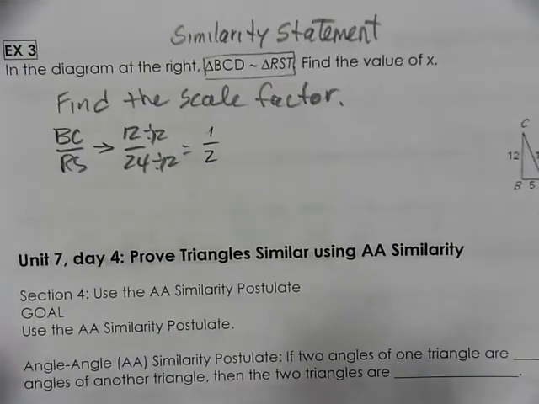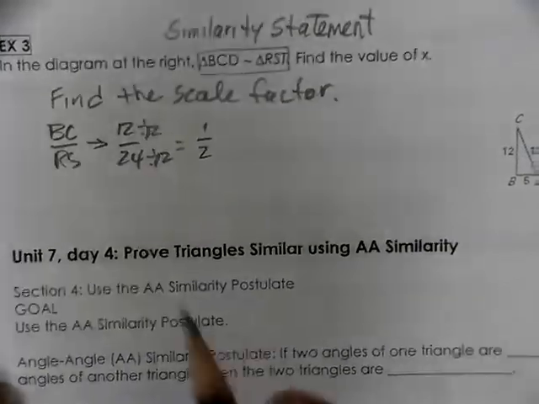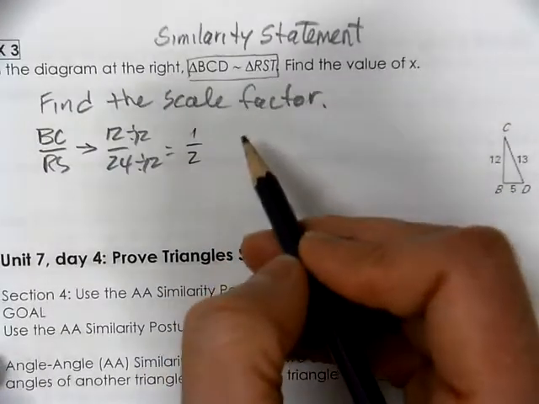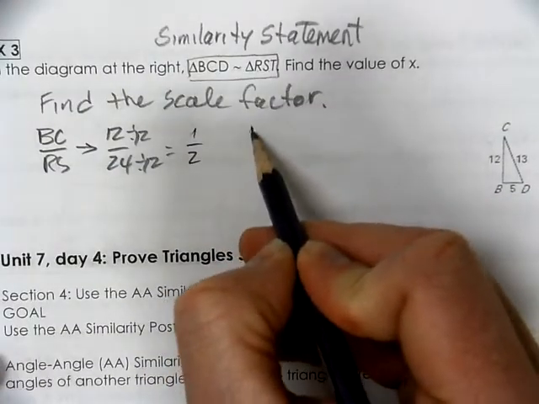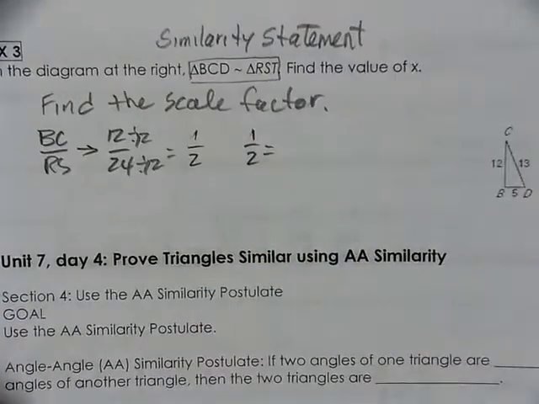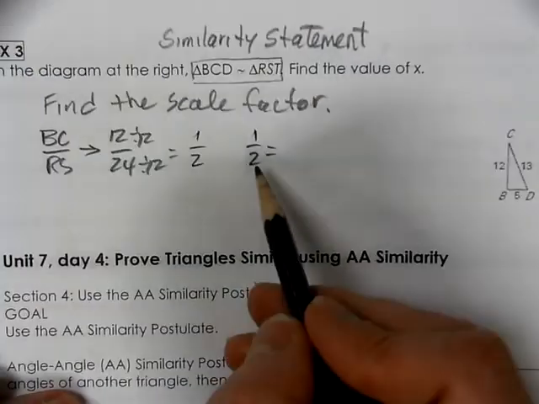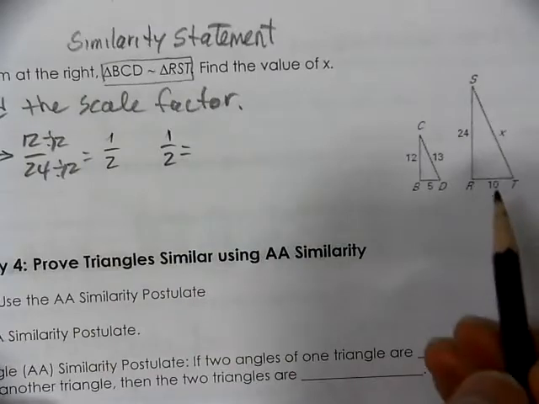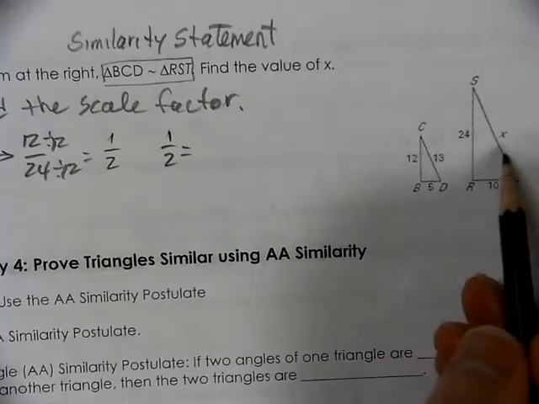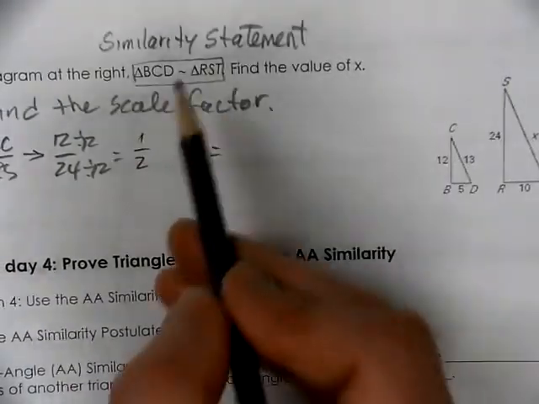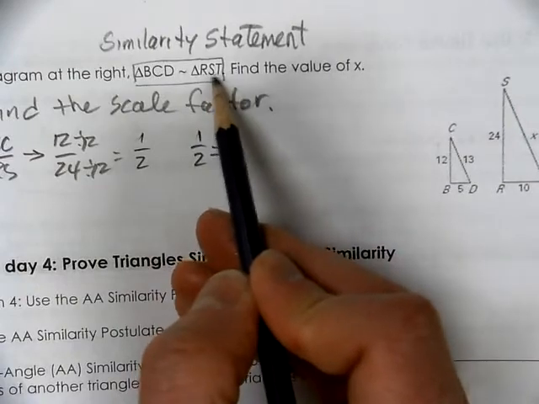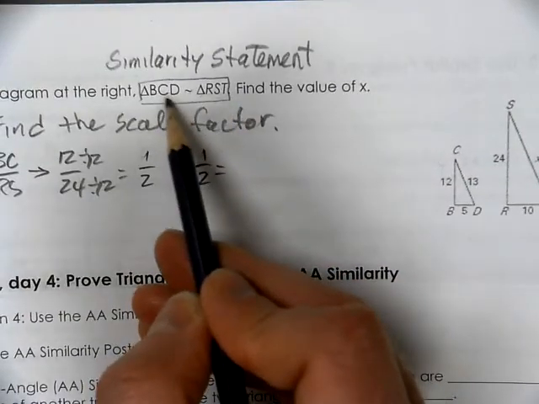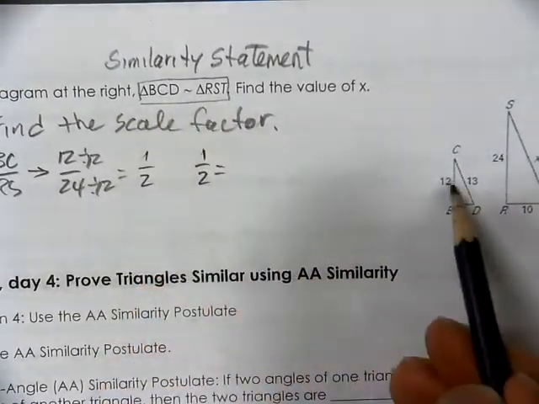So you can probably mentally figure out what ST is really quick. But we're going to say our scale factor is 1/2. We're trying to figure out ST, which is the X variable. ST is your last two letters. It corresponds with CD, the last two letters.